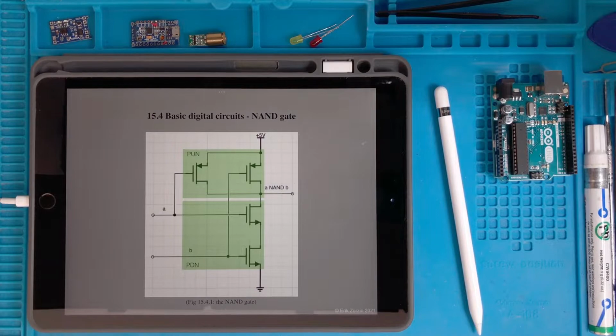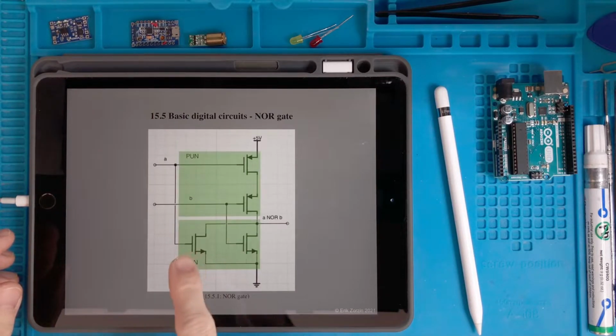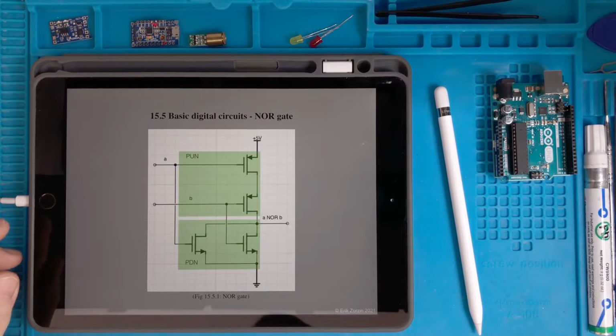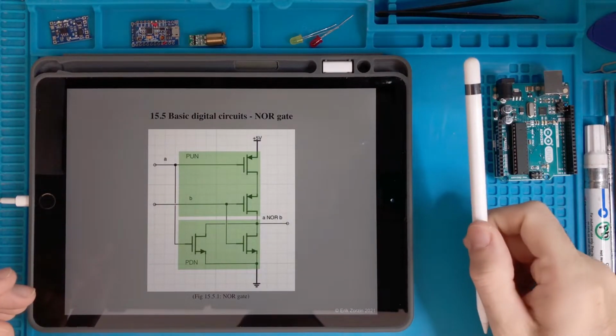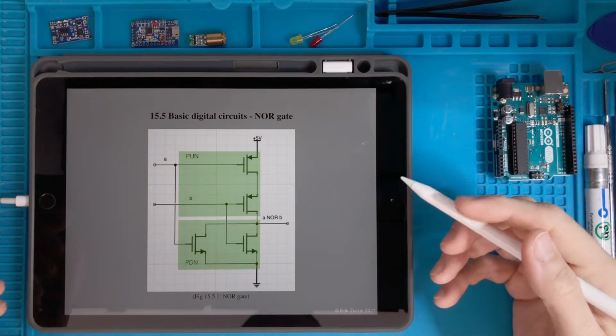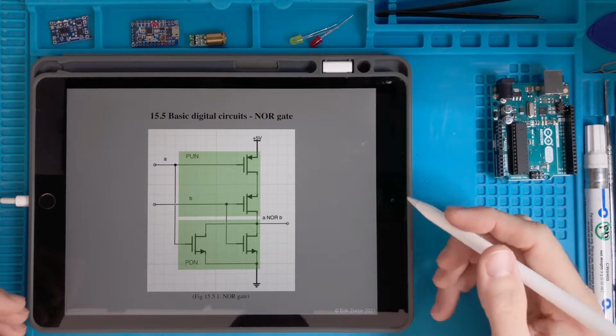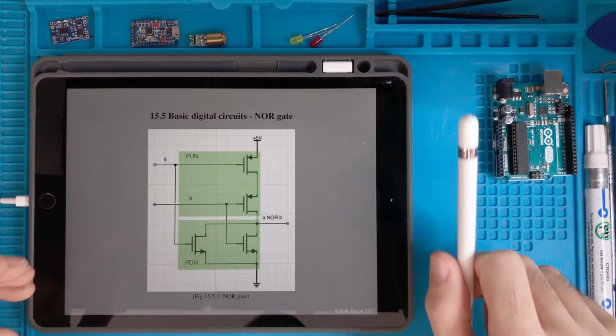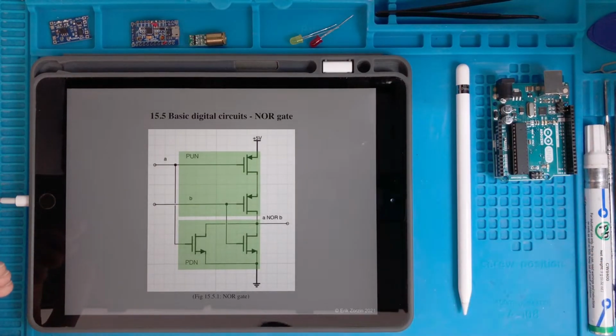So now that we kind of understood how the story works, we can say that there is also a NOR gate. This time it's a negative logic, but we know the trick. If you want to have an OR gate, you just put a NOT gate after the NOR gate.